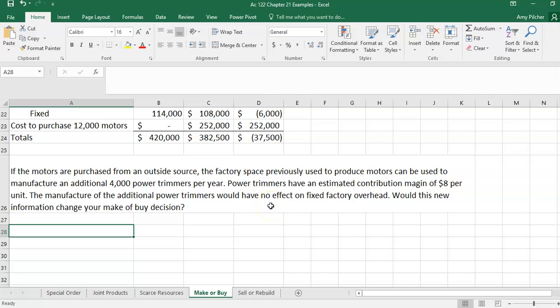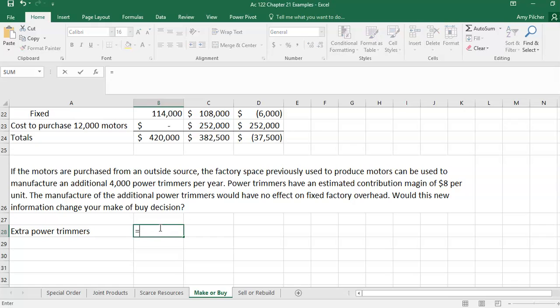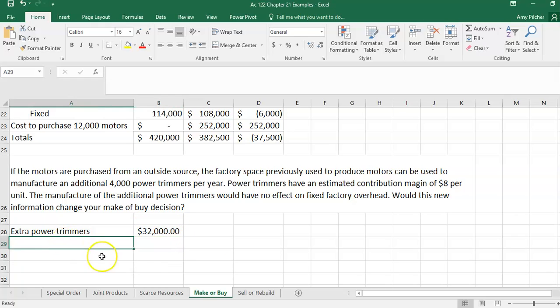Well, so we have the extra power trimmers. We can make 4,000 of them times a contribution margin of $8 per trimmer. So we're going to increase our contribution to operating income by $32,000. Then we have the buy motors from outside vendor.